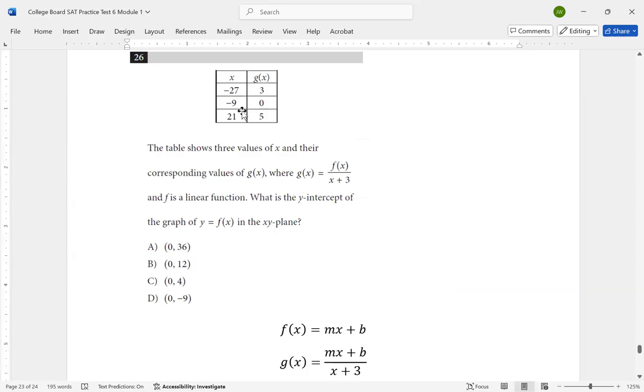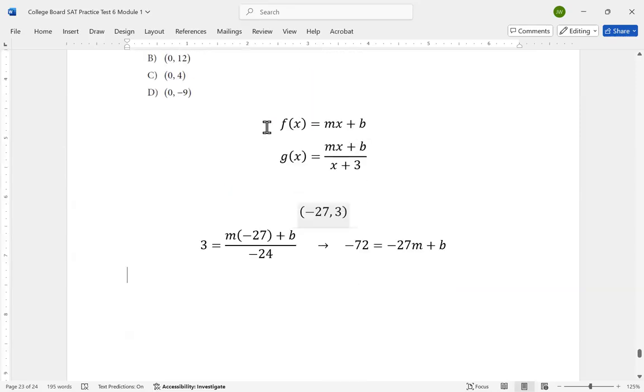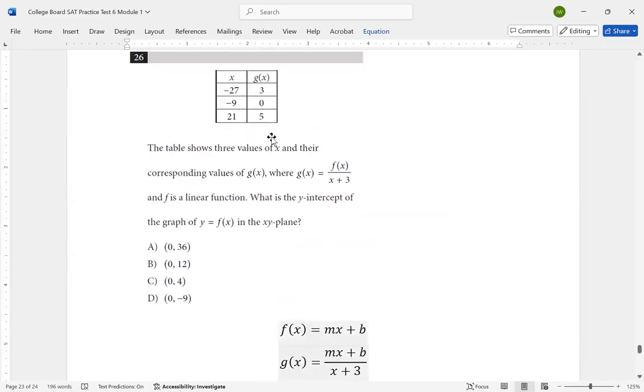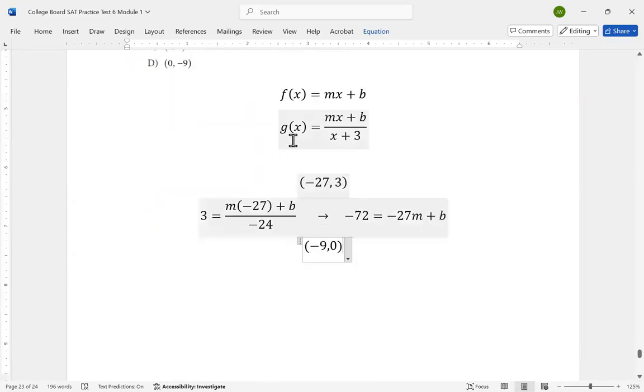Now I can do that for another point as well. I might as well do it for negative 9, 0. That's the next point. The output of 0 happens when the input is negative 9.